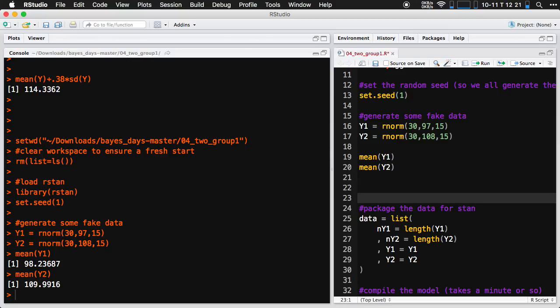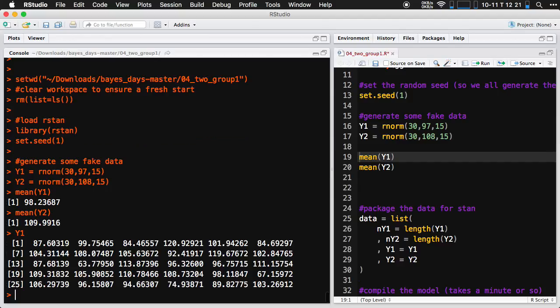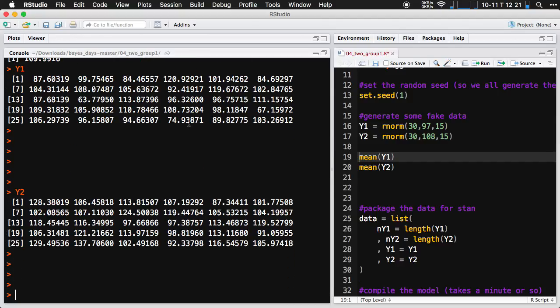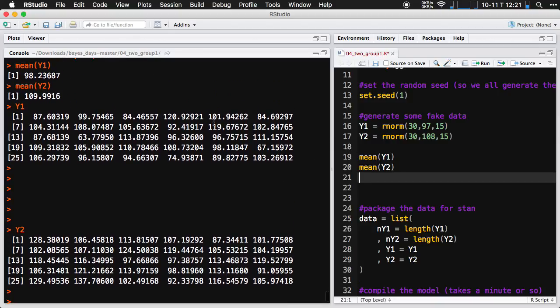Having seen these samples, we might be interested in whether they are coming from the same distribution with a common mean or from two different distributions. So we can look at the means of each one. They look like they're different, but we are not quite sure yet.